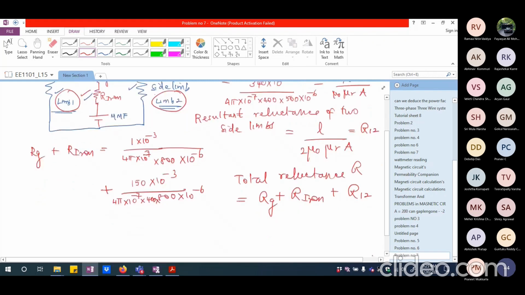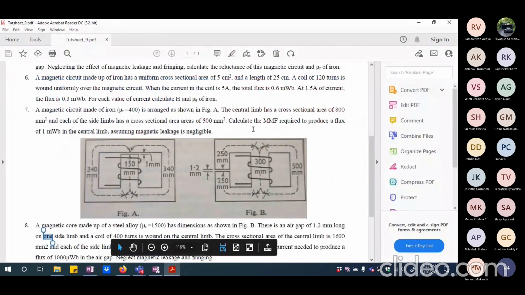Then we have to divide this. What is given? Actually, the flux is given. Calculate the MMF required to produce a flux of 1 milliweber in the central limb.